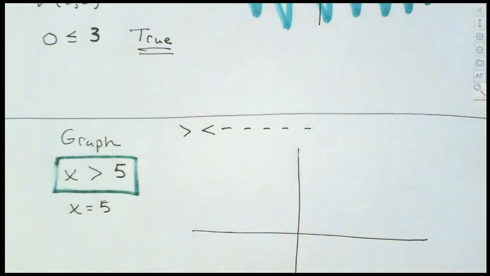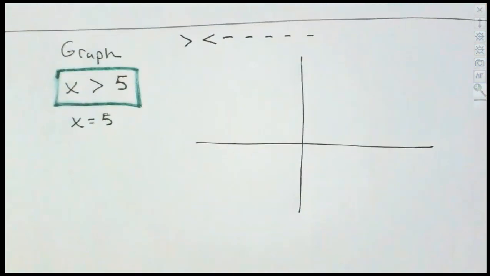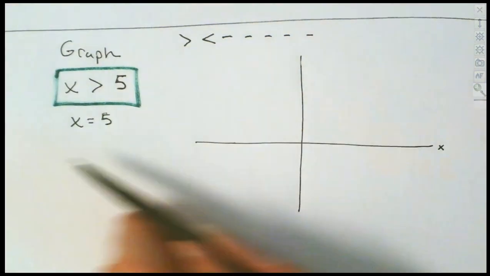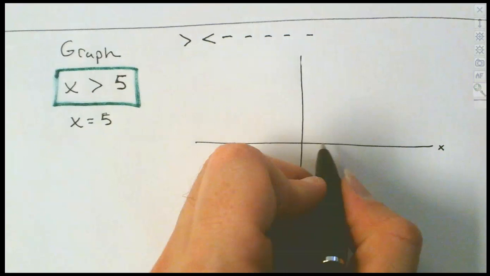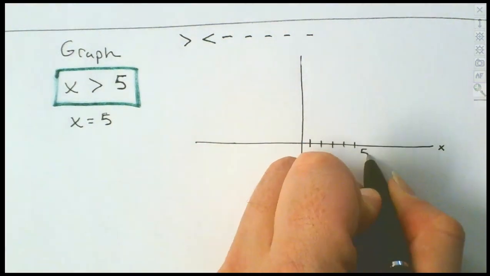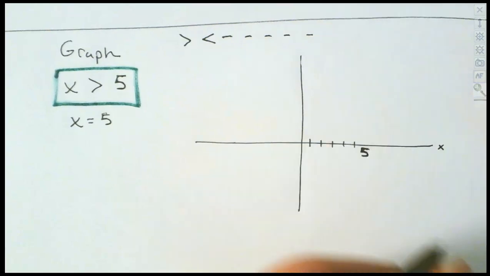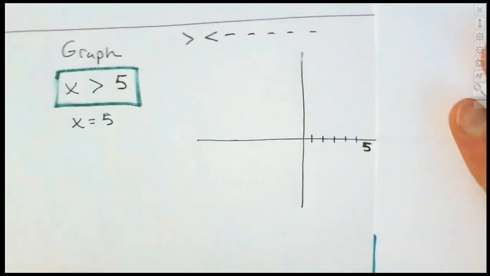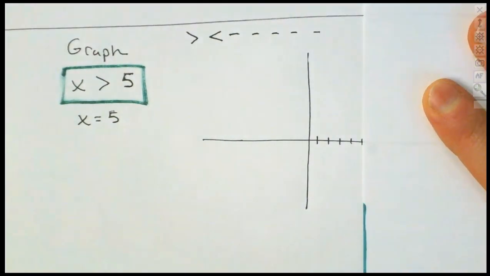Well, we graph x equals 5 by finding out where x is 5. The x-axis is, remember, the left and right component. So we want the 5. So 1, 2, 3, 4, 5. Here's your 5. This is now going to be a vertical line, and it's going to be a dotted line.